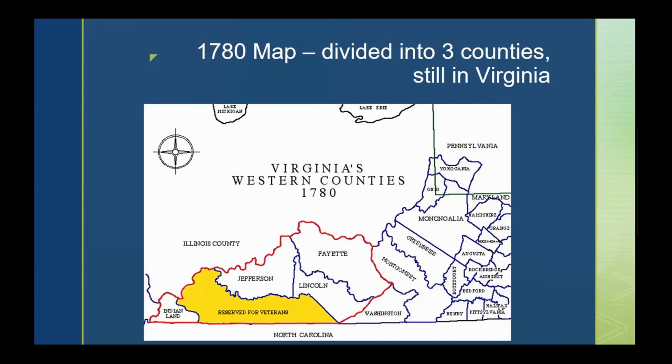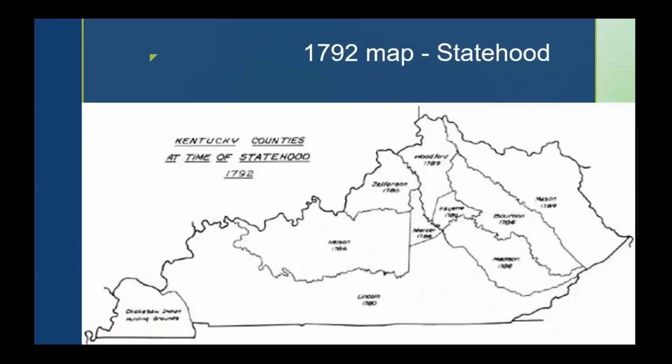In 1780, they divided it into 3 counties, Fayette, Lincoln, and Jefferson, and those are roughly the boundaries of those counties. Those are still Virginia counties in 1780. In 1792, this is unfortunately not an easy map to read, but there are more counties. Looks like about 8 or 10 counties that they had by the time of statehood.